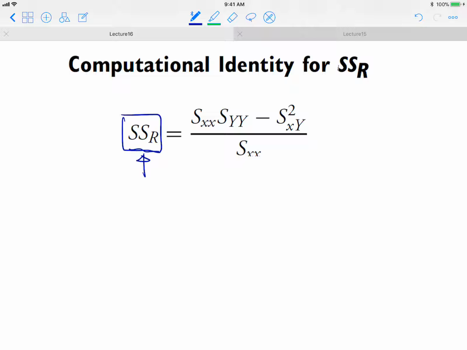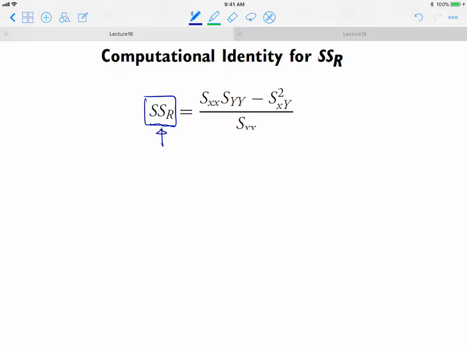What was the full name of this? Sum of squares of what? Residuals, right? And then what was that?